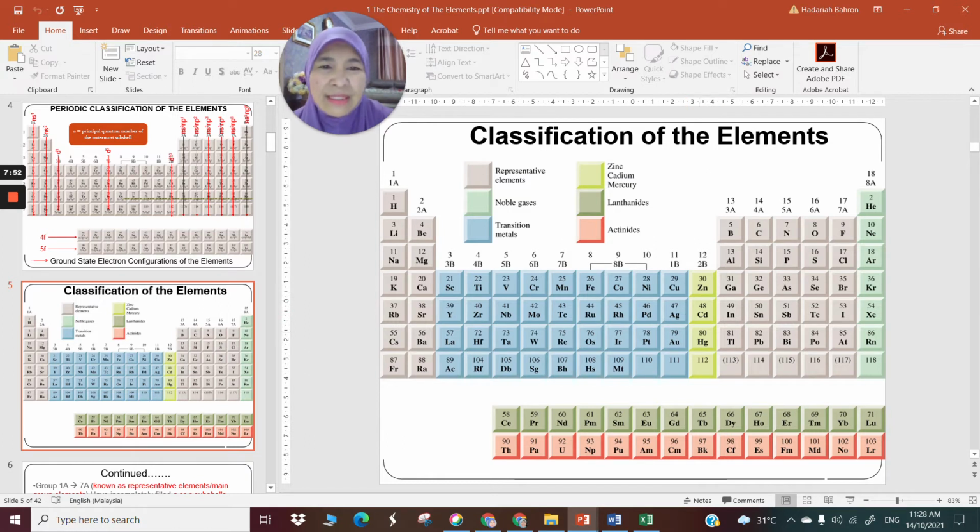They're simply called the zinc, cadmium, mercury group. And this brown, the P block, is also representative elements. So anything that is not in the D block is called the representative element.